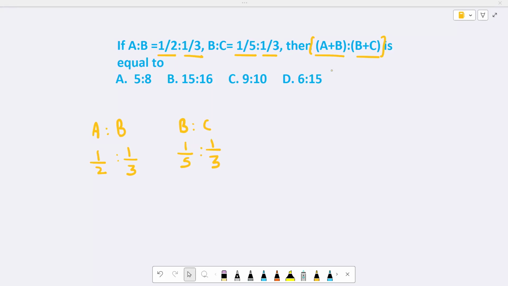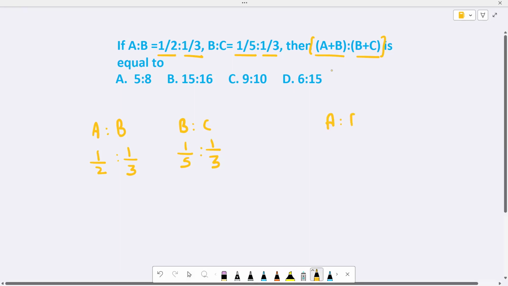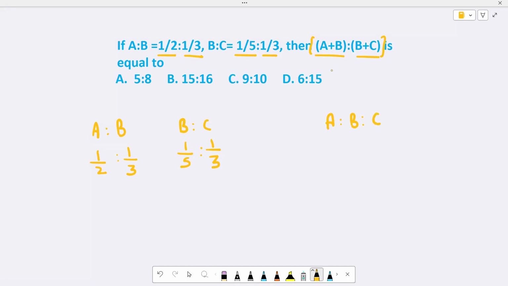So, to convert these particular fractions into the whole number form, so as to get a simplified version of the ratios to calculate the actual ratio between A, B, and C, so that we can compare them directly and then find out this particular ratio that is being asked.